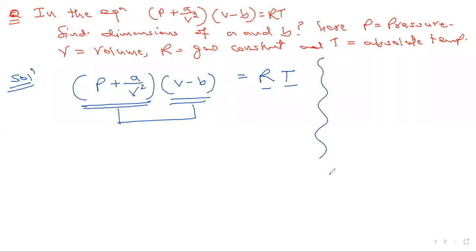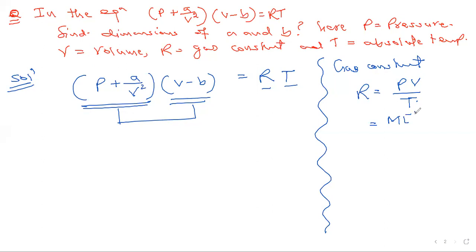We have not obtained the gas constant. Actually it is not needed here, but gas constant: R equals PV upon T in the general equation. P is pressure, and pressure is ML minus 1 T minus 2.